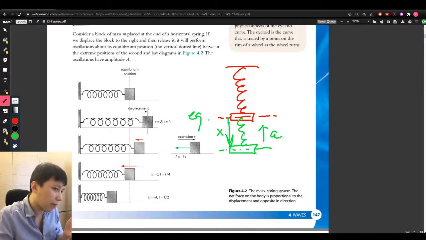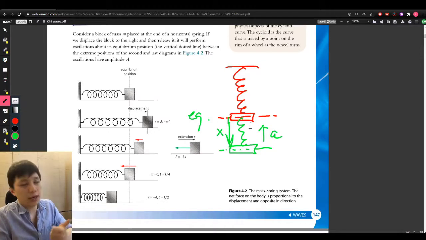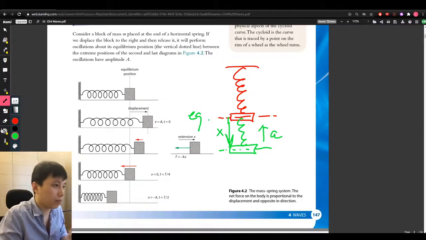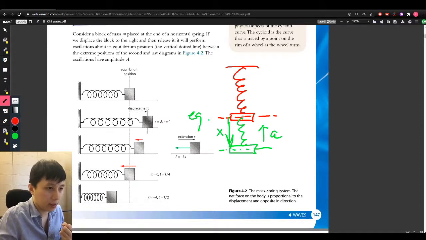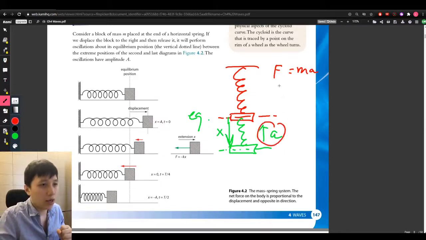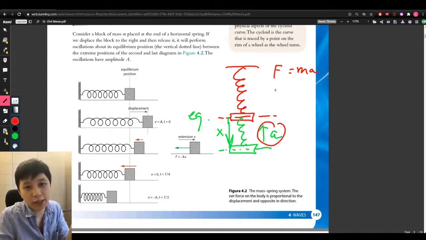And if you try to think about whether or not they are proportional and always in the opposite direction, this can be derived using the simple equation F equals ma. This is how we can determine the acceleration. In fact, there is weight, but if you go back and look at the last section of our simulation activity, we know that weight has been cancelled out.